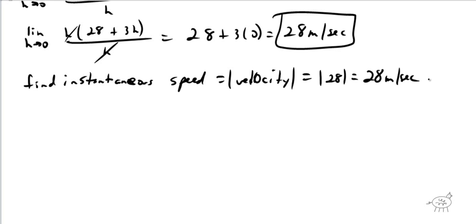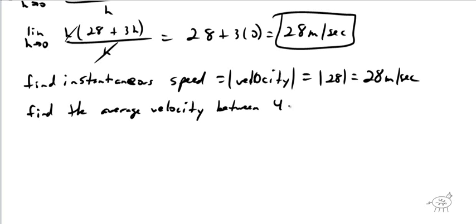Okay? And then my next question is find the average velocity between 4 and 6 seconds. Now, how is that different than what I asked for before? Well, I asked you for the instantaneous, so that's why you said h approaches 0.